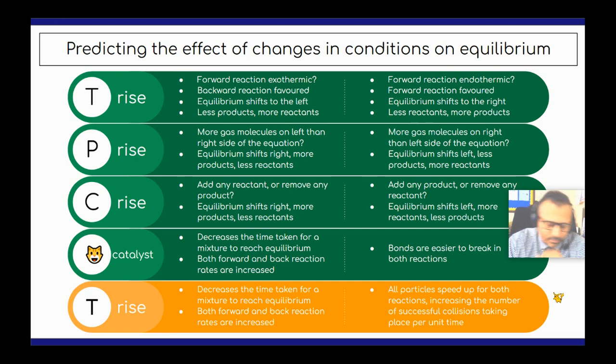So where we left off was we started talking about whether a temperature rise would actually help a reaction if we wanted to drive a reaction forward, for example. If the forward reaction is exothermic, then the backward reaction is favored because the backward reaction is endothermic.